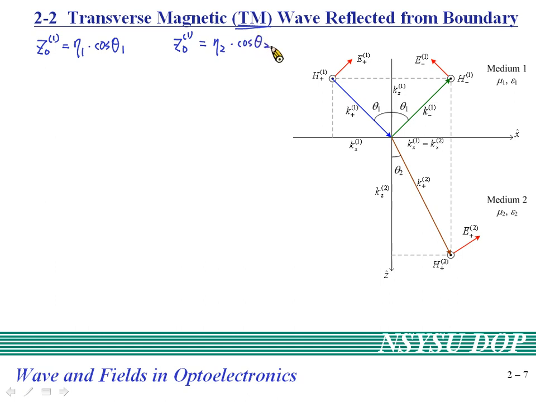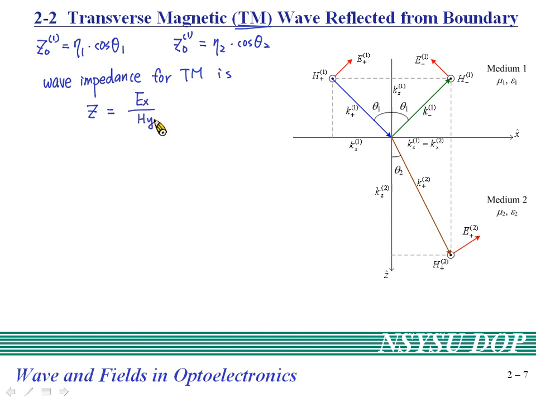And we have also defined the wave impedance for TM wave. The wave impedance, capital Z, is Ex over Hy.